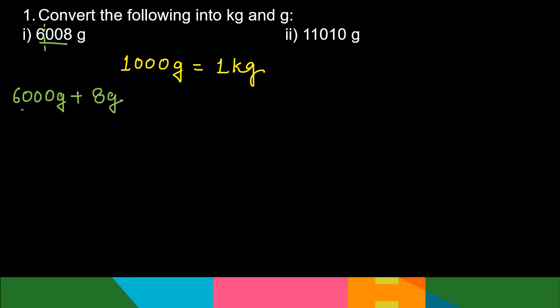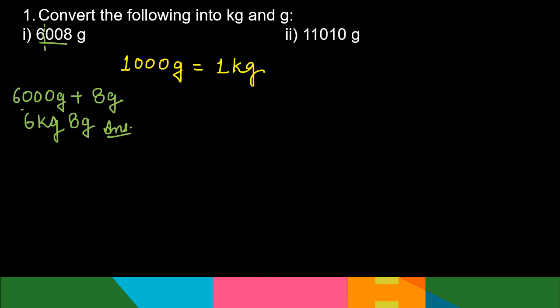So here 6 is at thousands place, so it will be 6000 gram and 8 gram. Now 1000 gram is equal to 1 kilogram. Therefore 6000 gram will be 6 kilogram and this 8 gram will be written as it is. Therefore 6008 gram is equal to 6 kilogram 8 gram.